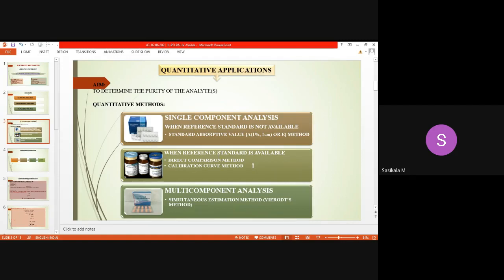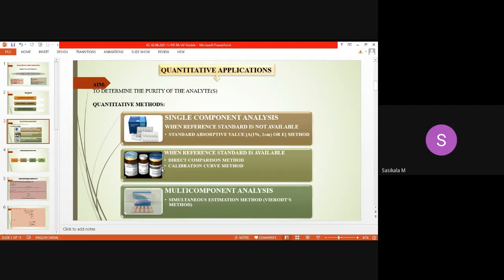Once the concentration is determined, for how much concentration of sample you have taken in the cuvette for analysis, then you can find out the amount present in the formulation itself using dilution calculations and all.